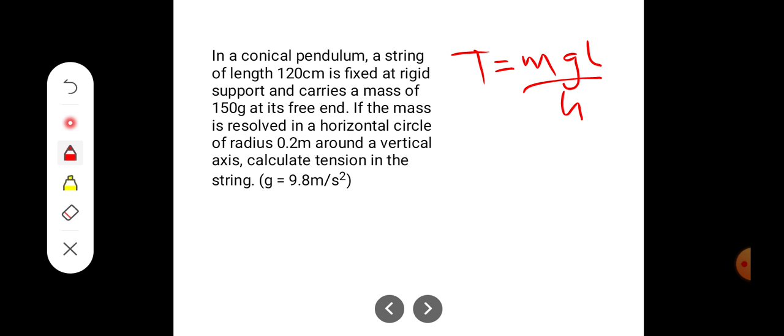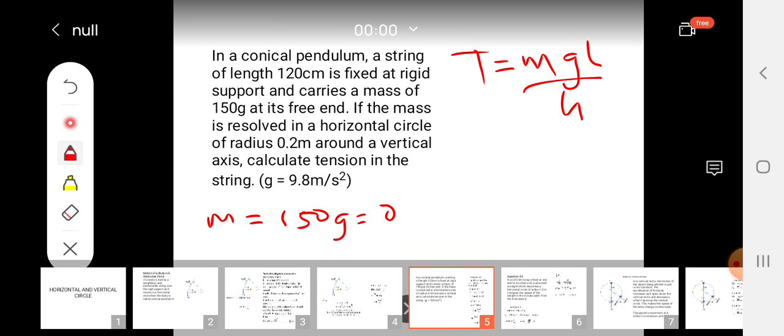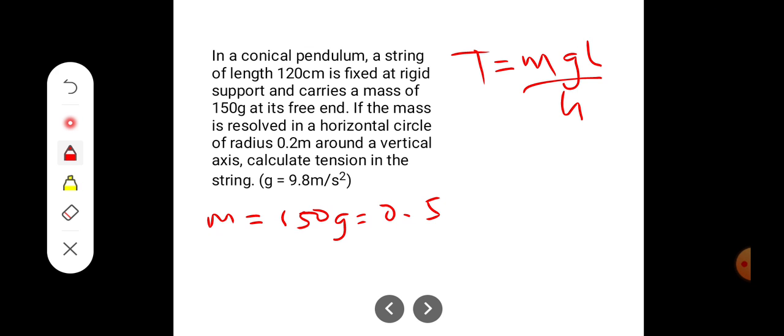Okay, so the problem, we have mass is given. Your m here from the question is equal to 150 gram, which of course we know to convert it is going to give us 0.5 kilogram. Then we have g, acceleration due to gravity, which is 10, of course, or in this case we are asked to use 9.8 here.